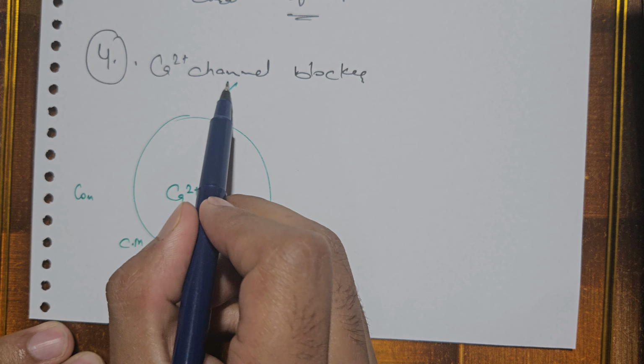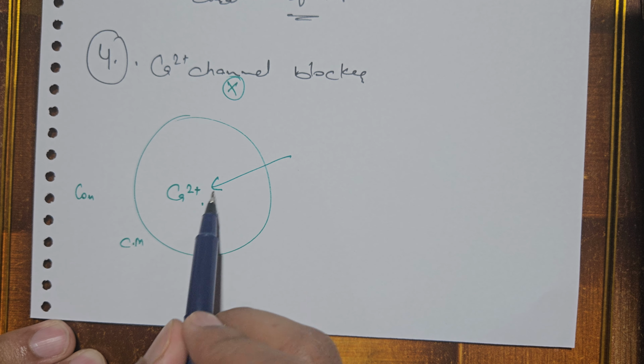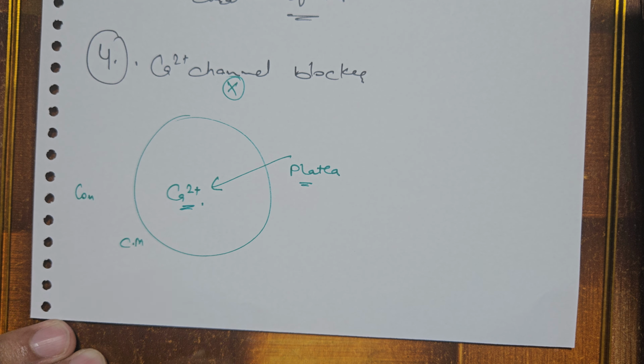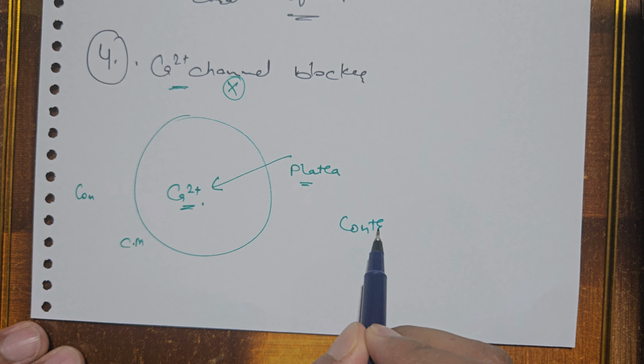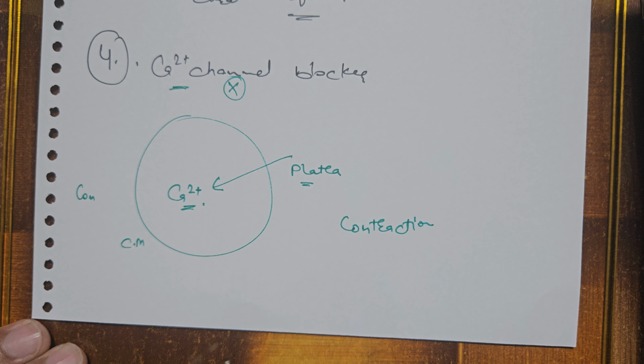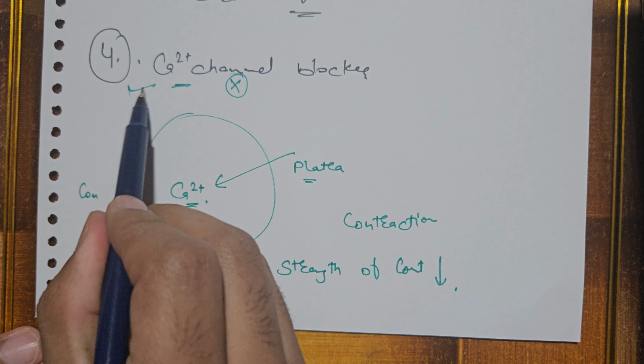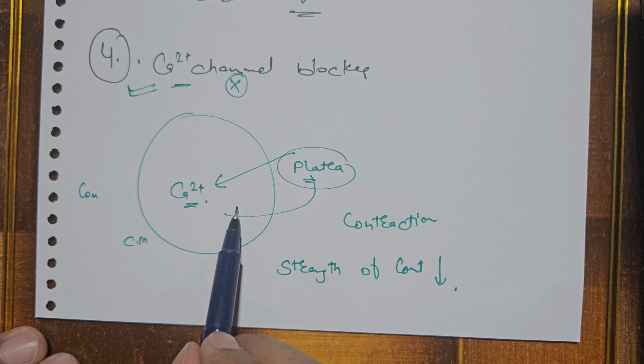Now if we block these calcium channels, there will be no calcium coming in the plateau phase. Because calcium is responsible for the contractility, that means contraction, what will happen? Strength of contraction will decrease because of these calcium channel blockers, because now calcium is not coming in the plateau phase.